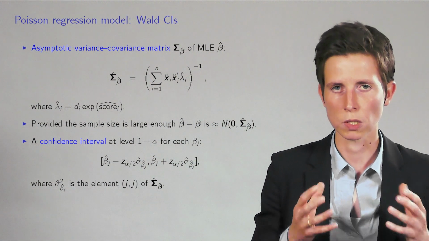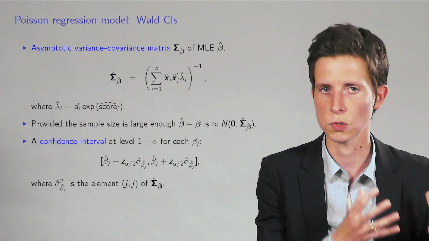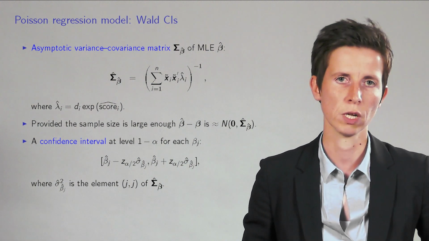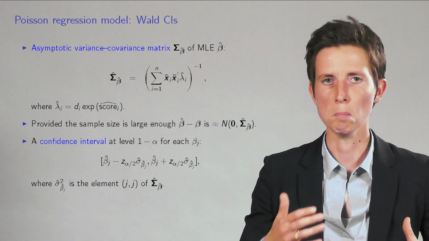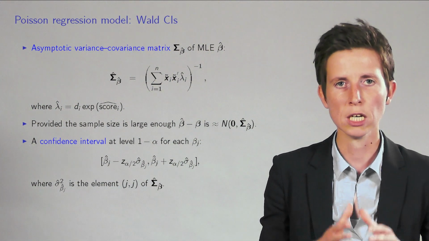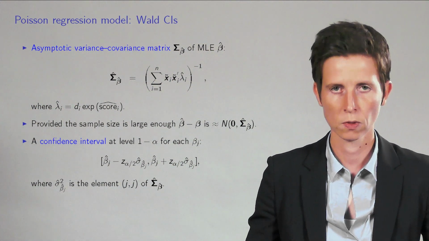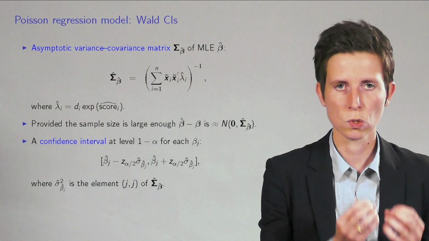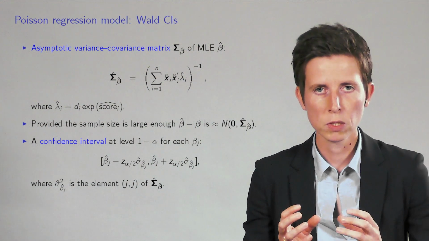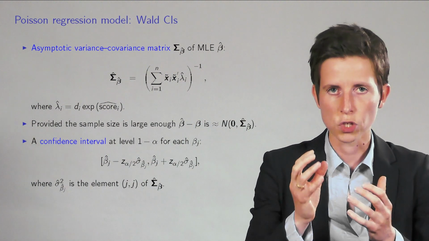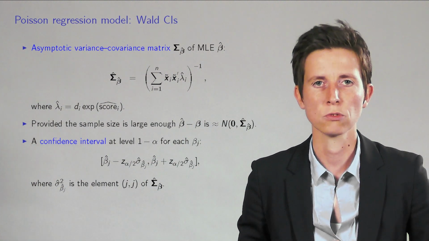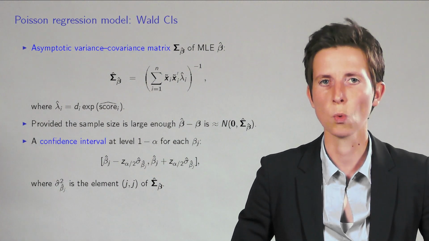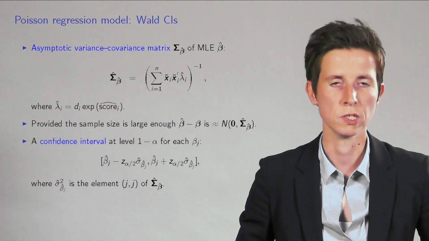Using the asymptotic normality expression that you can see over here, we can then write down a confidence interval at level 1 minus alpha for each of our beta j's. In this expression, the sigma hat squared is the element on position jj in the covariance matrix of beta hat, and the z is an appropriate quantile from the standard normal distribution.